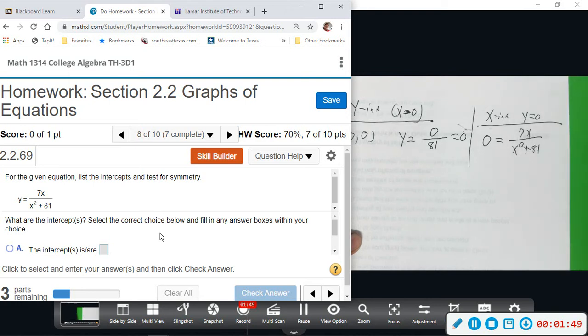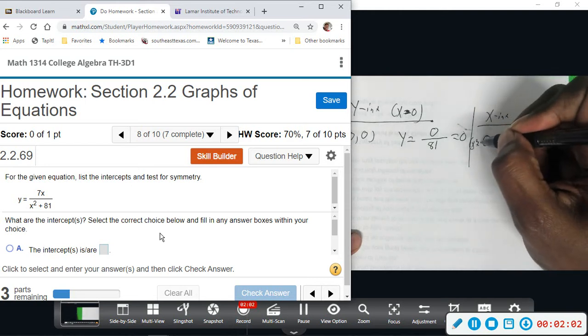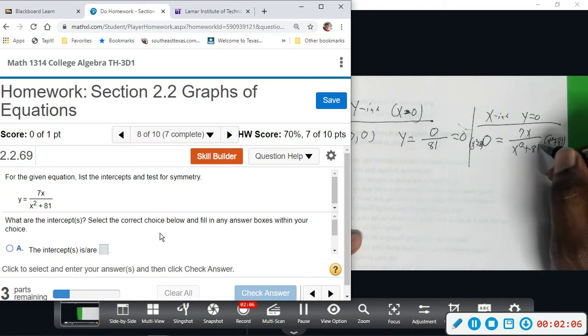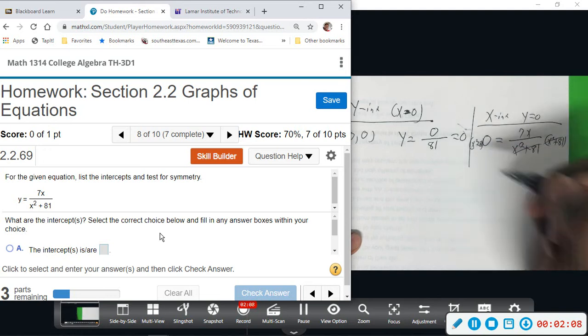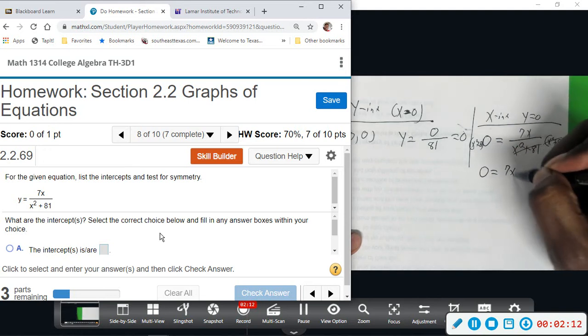To get rid of this fraction, we multiply by what's on the bottom. So I'd have to multiply x squared plus 81 on both sides. When I multiply on this side, it just divides out. Over here, 0 times anything is 0. So you end up with 0 equals 7x.